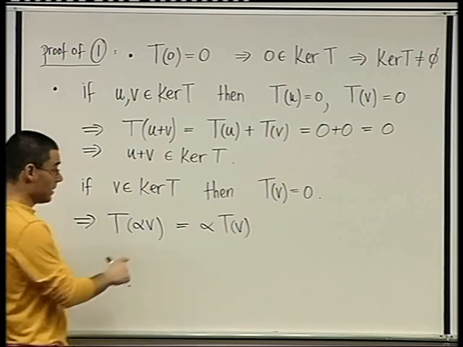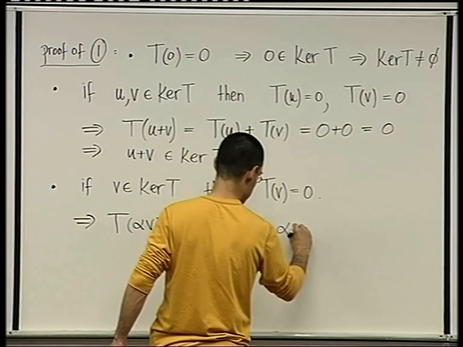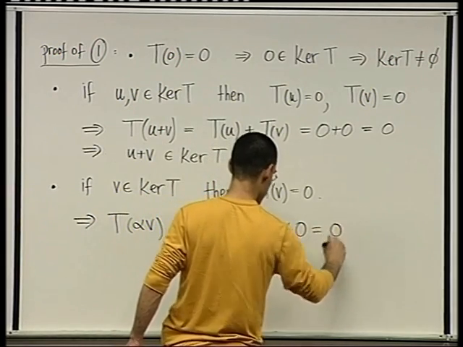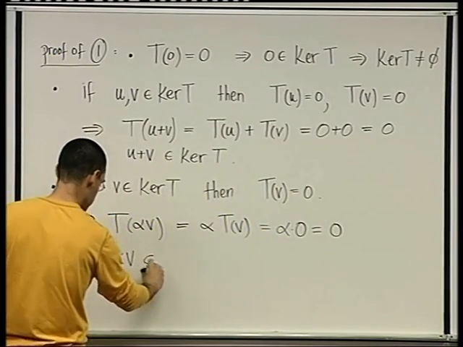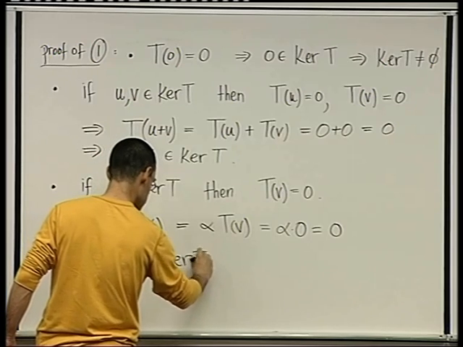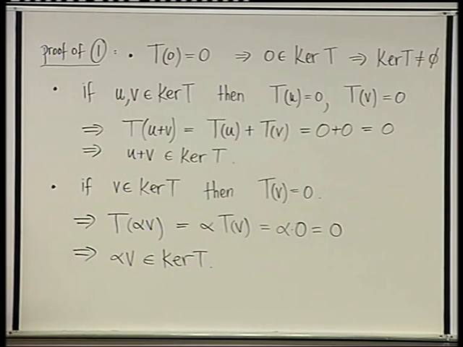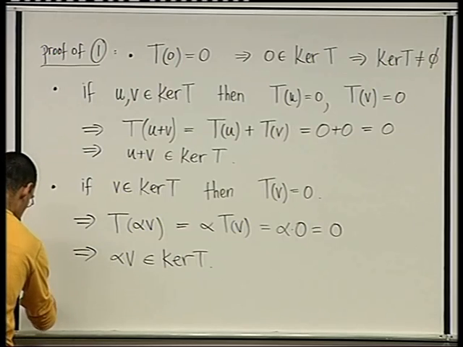And this is alpha times 0, which is 0. Therefore, alpha V is in the kernel as well. Good? So these three bullets show precisely the necessary and sufficient conditions for being a subspace. Do you agree? Good? Okay. Proof of 2.